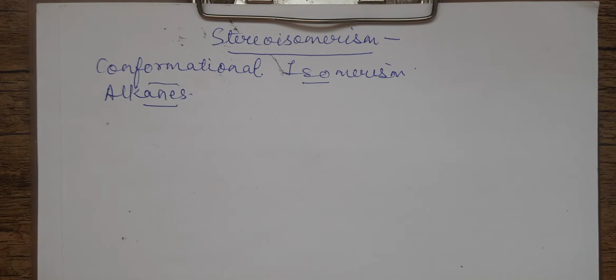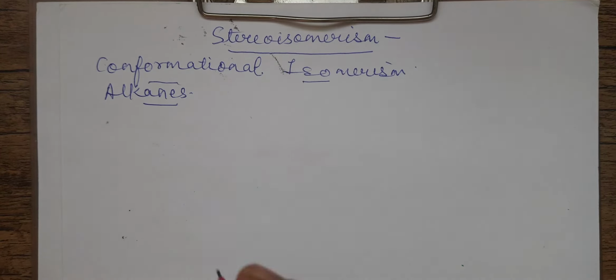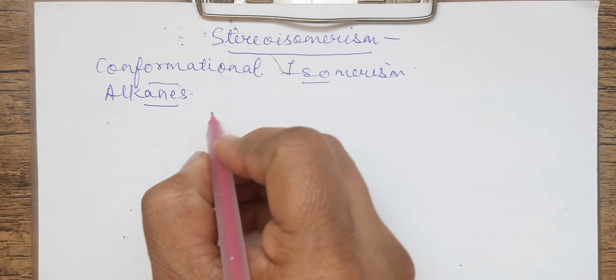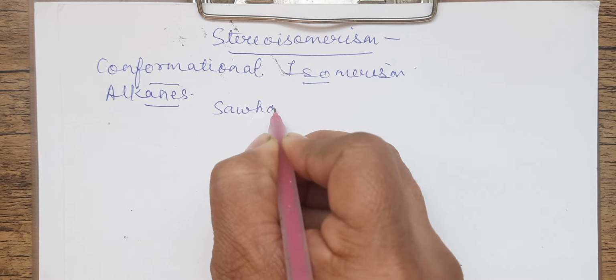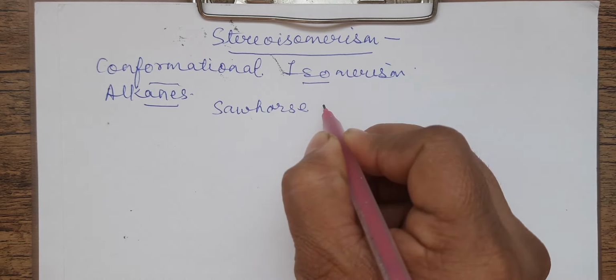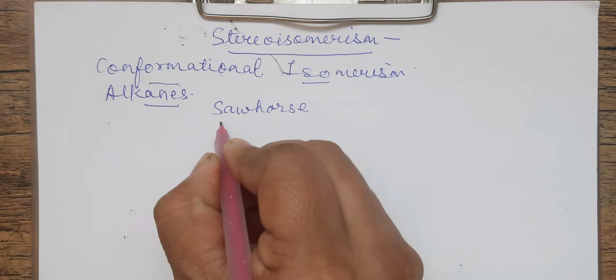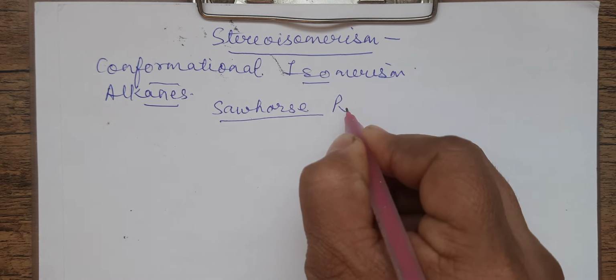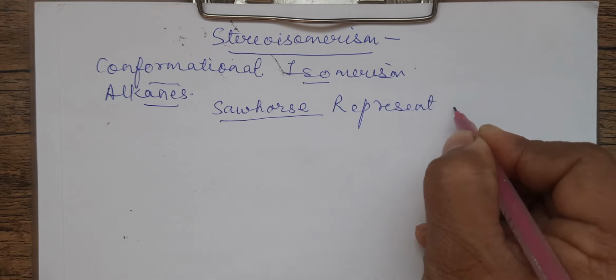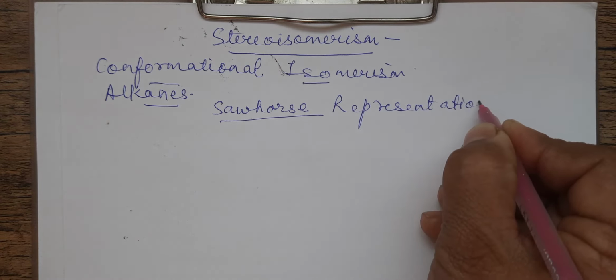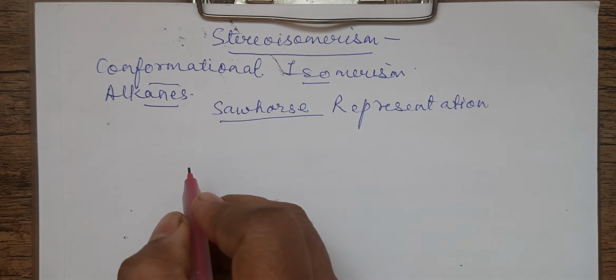Now, to represent the two extreme isomers, we are going to take help of different forms. The first one is the sawhorse representation. What is there in sawhorse representation? The carbon atoms are not shown.